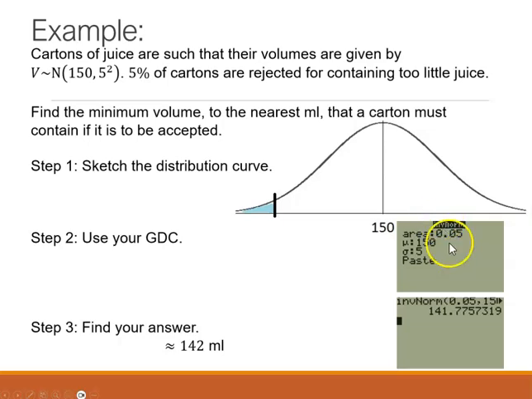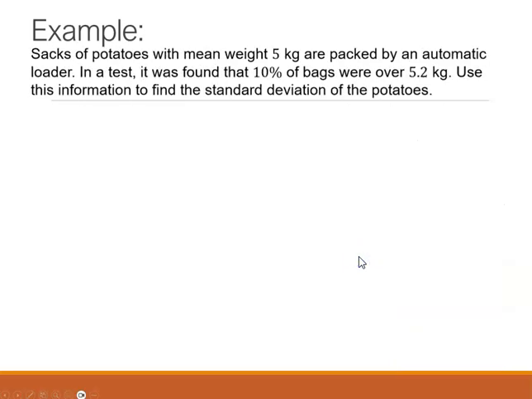And can I find that directly with inverse norm? I cannot. Inverse norm is only going to get you less thans. So I would have had to do a complement to it anyways, which is this. Right? If I look at this, if accepted, I'd be like, oh, it needs to be bigger than this. So I want 95. You know what I mean? But I can't do that side of it. I just wanted to take a minute because I think that reading it, that would have been my natural inclination.